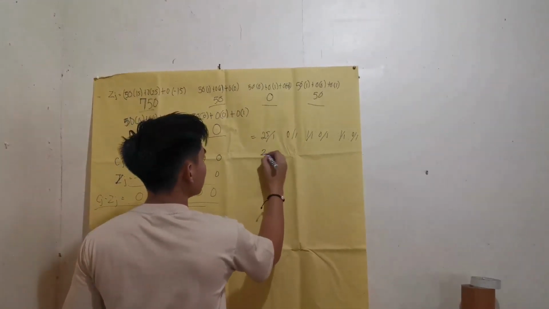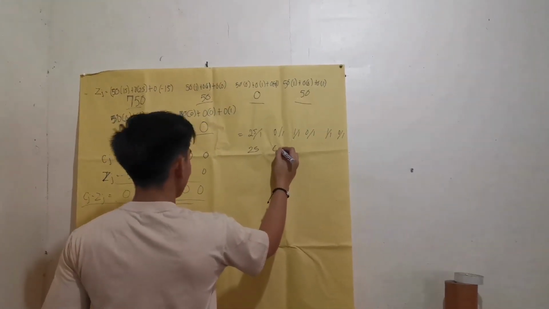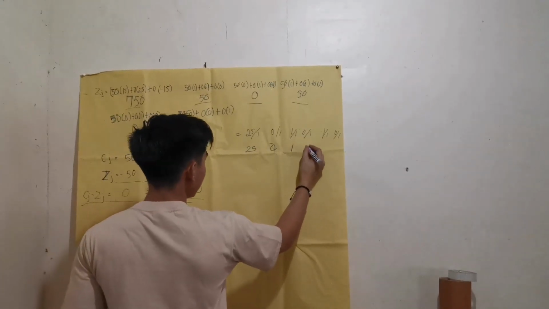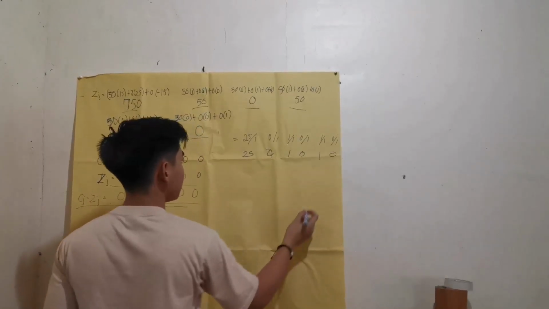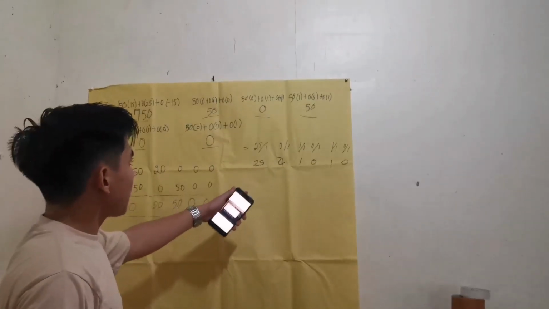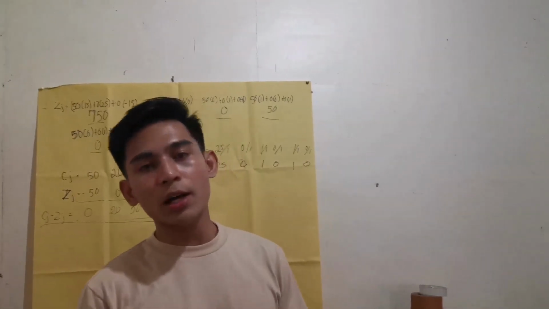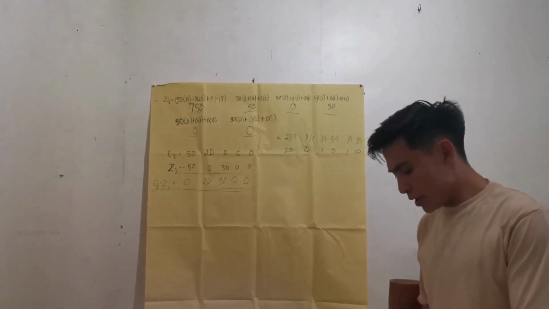So, same value lang. 25, 0, 1, 0, 1, and 0. So, yan. Yan na yung bagong pivot row sa S sub 2. So, yan na-change siya.